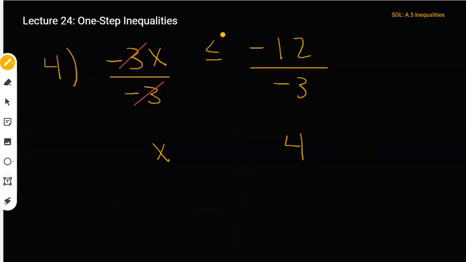So what I'm going to do is I'm going to flip this sign around so it looks like this. So now it's a greater than or equal to symbol. My solution set is going to be all the real numbers x, such that x is greater than or equal to 4. And then my number line is pretty simple.